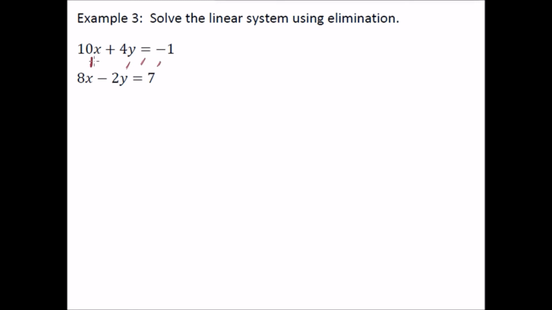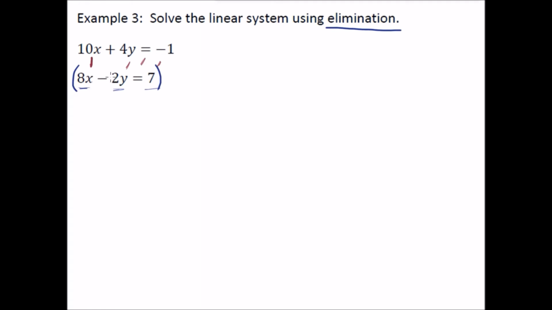We're just pretty much looking for the same x or the same y. So we're kind of stuck. So with elimination, what we can do is multiply the second equation by a constant in order to get one of these to look like either the 10, the 4, or the 1.